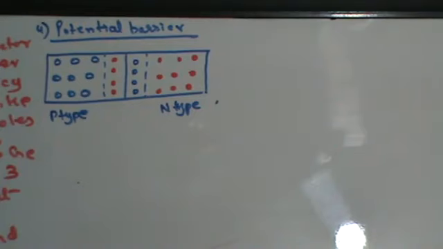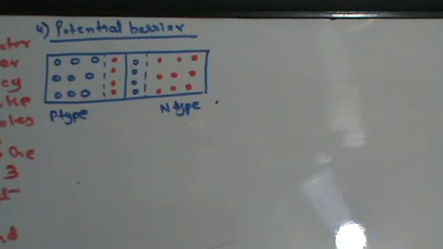Why? Because now there is a neutral barrier between them. Initially, the P and N-type semiconductor were connected to each other, so there was no barrier between them. It was very easy for the holes to jump into the N-type semiconductor and the electrons to jump into the P-type semiconductor.